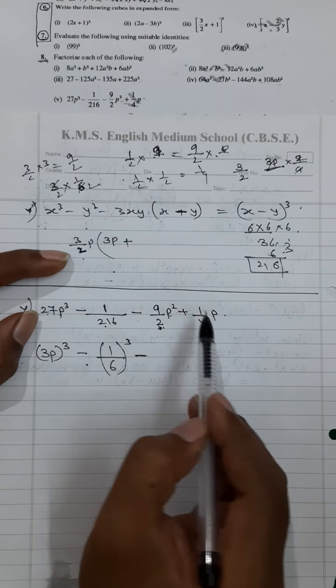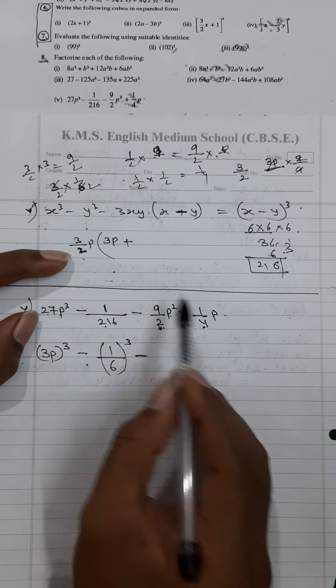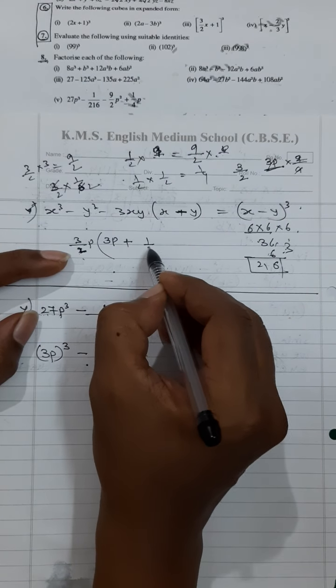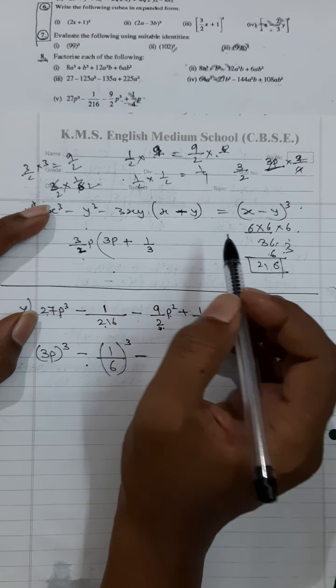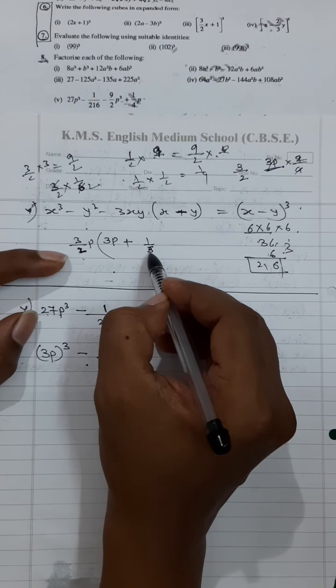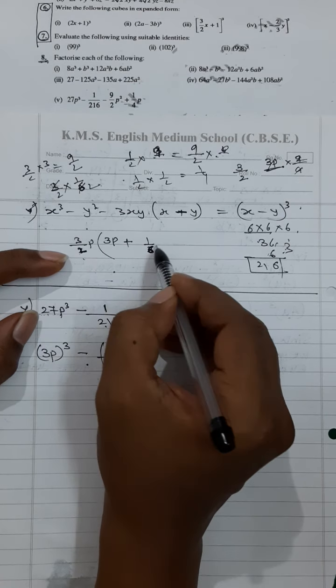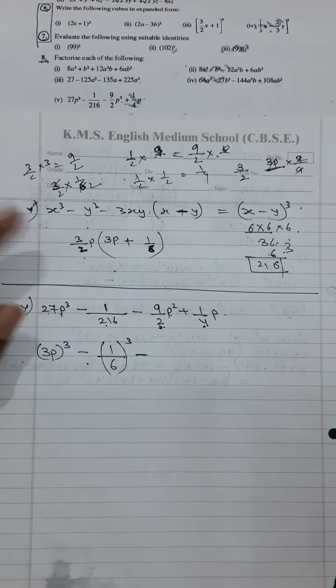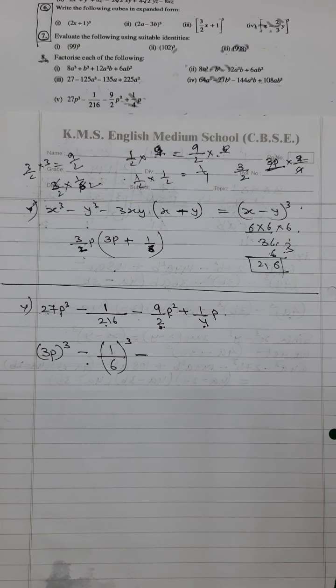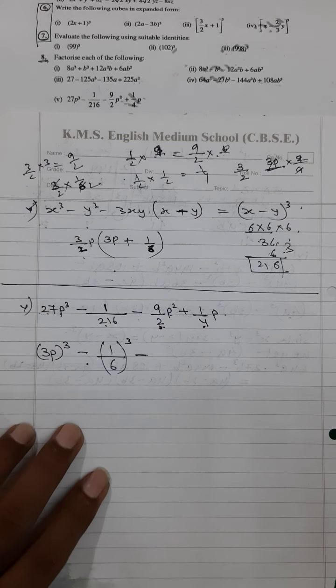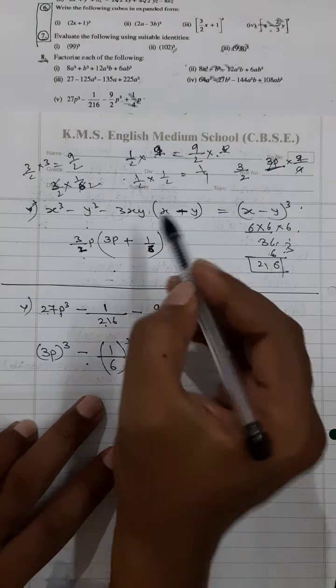Then 3 into what will give me 1 upon 4? So 3 has to get cancelled. It will become 1 upon 3, 1 upon 6. 3 2s are 6. See, I am manipulating this. If I open this bracket, I will be getting this. If you don't get this thing, don't get bothered.